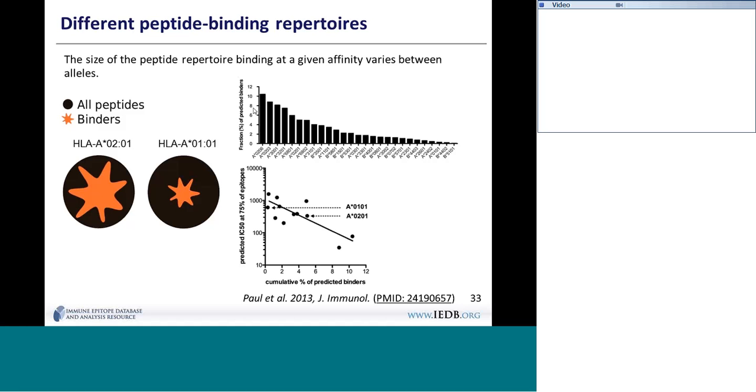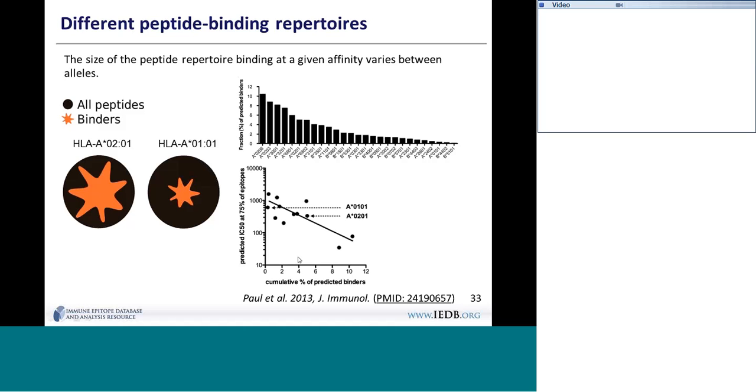It was also shown that if you want to predict 75% of epitopes at IEDB for each allele, you would need a different threshold. If the allele has a high binder repertoire, it would also be associated with epitopes of higher affinities.